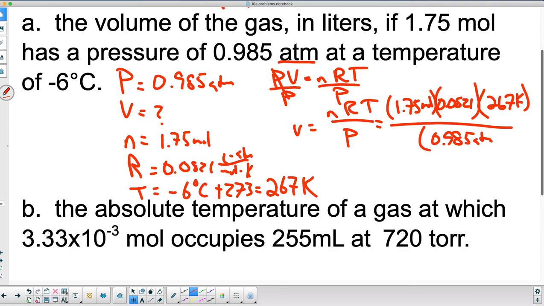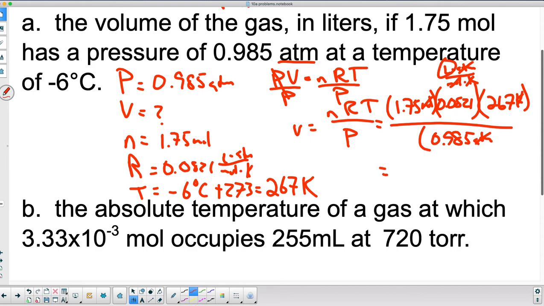Now, this R value is liters times atmospheres divided by mole Kelvin. So notice that my moles cancel with moles, and my Kelvin cancels with Kelvin. My atmospheres on top cancel with atmospheres on the bottom, which means I'm left with liters.